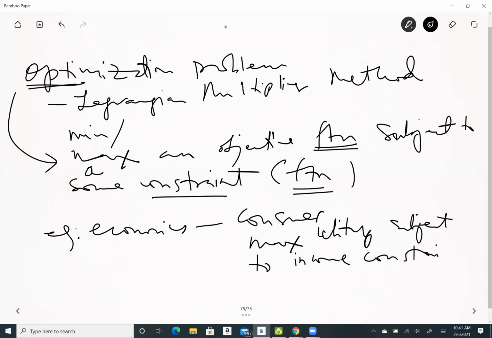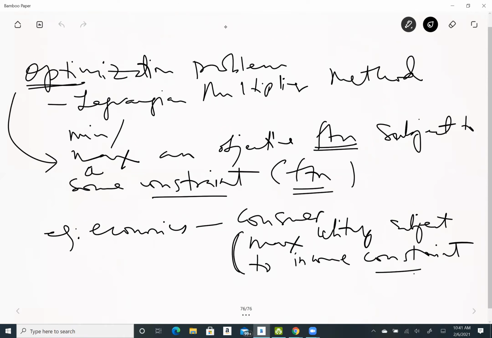So you have a constraint, and then you have something that you want to maximize. So that is one example. Now, how do you solve that problem? Here we are going to solve it by using the multiplier, or the Lagrangian multiplier method.